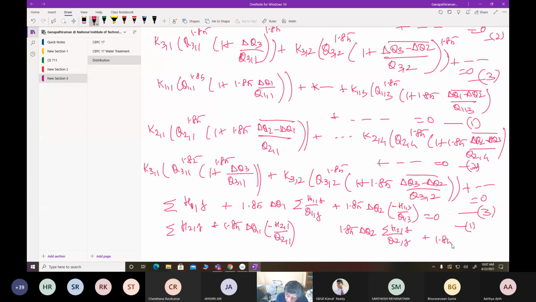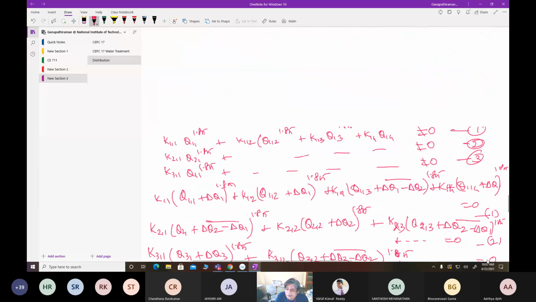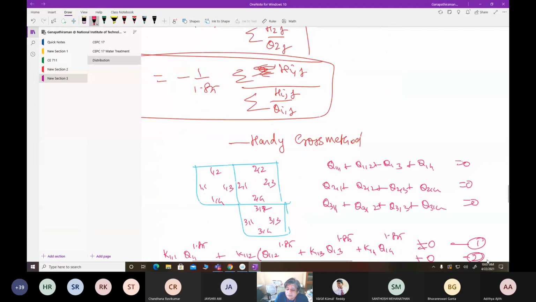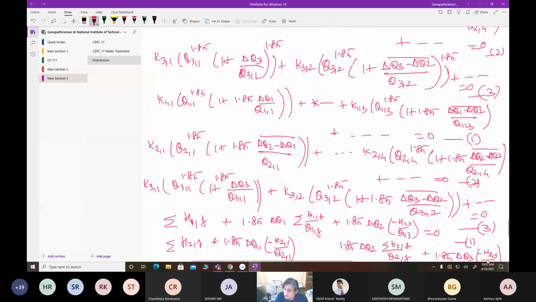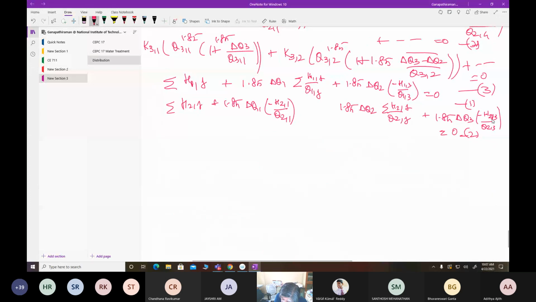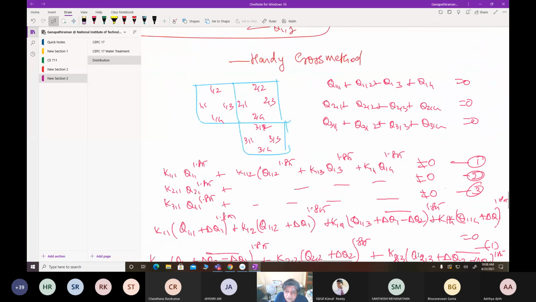Plus 1.85 delta Q3 minus of H24 by Q24, equal to 0. This is equation number 2.